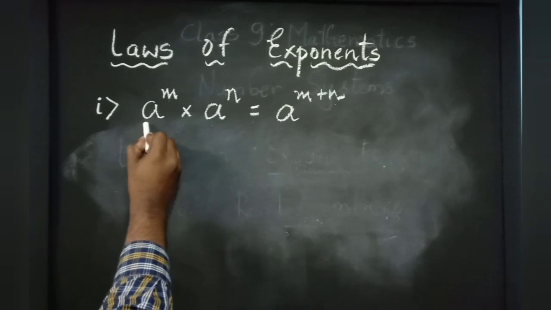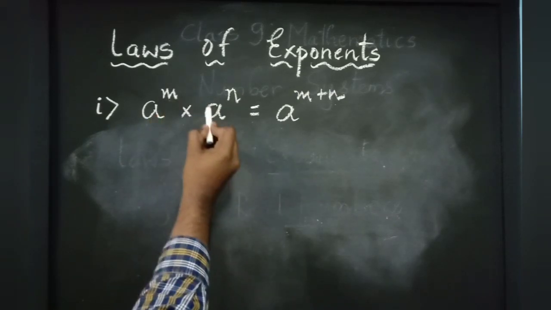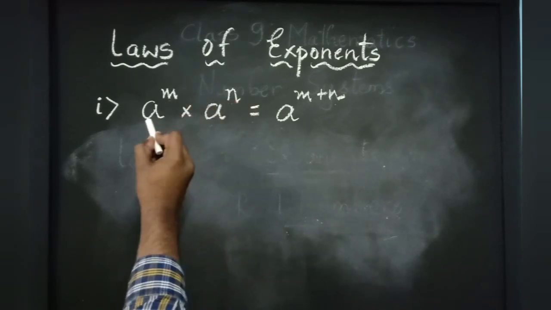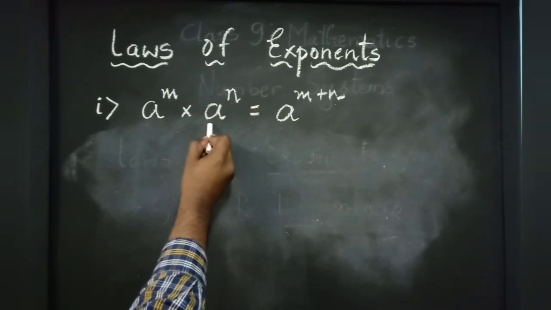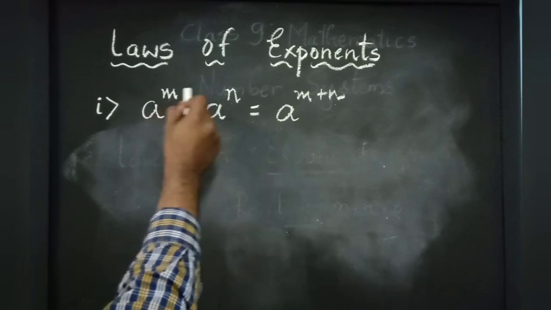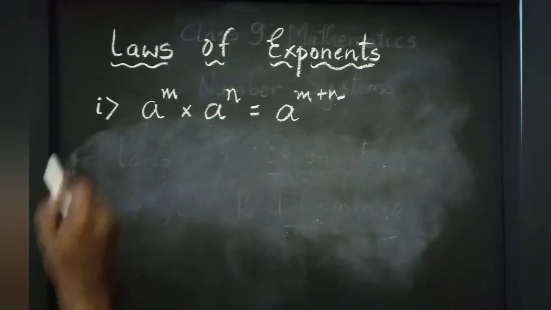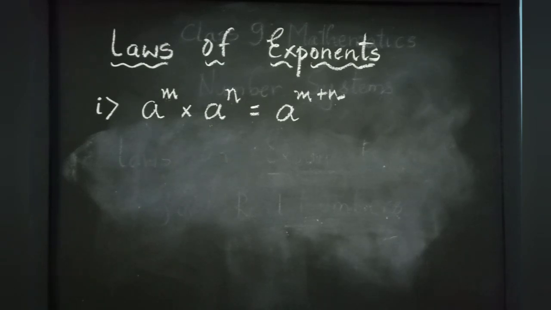That is, a is the base, m is the power, a is the base, n is the power. That is, if the bases are same, then we can add the powers. This is the first law of exponents.